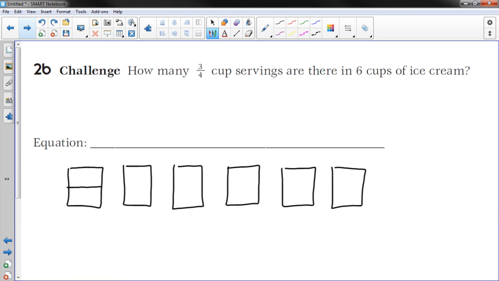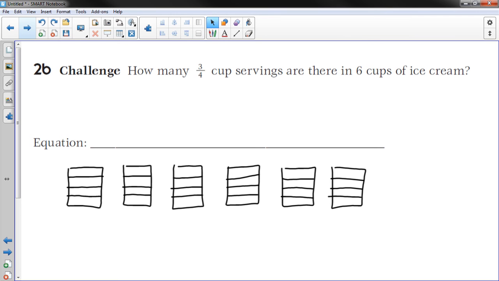And what I would do is I'd cut them into fourths, because we're going to be working in fourths, basically. I mean 3/4, but it's 3 of the 1/4. And then I'm going to use some different colors here. So how many 3/4 cup servings are in 6 cups?